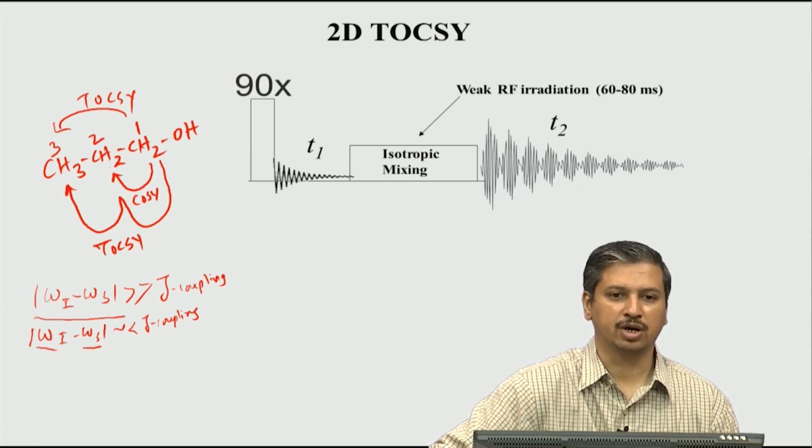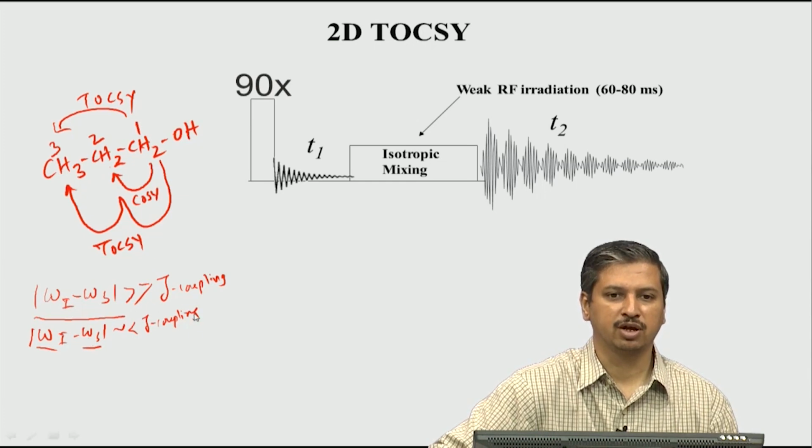On a 500 megahertz spectrometer, 0.001 ppm corresponds to 0.5 hertz. Now, 0.5 hertz is very small. The J coupling, we saw, is typically in the range of 5 to 10 hertz between two protons. So if the protons have very close chemical shift values and their difference is smaller than the J coupling, then we say that these two spins are strongly coupled.